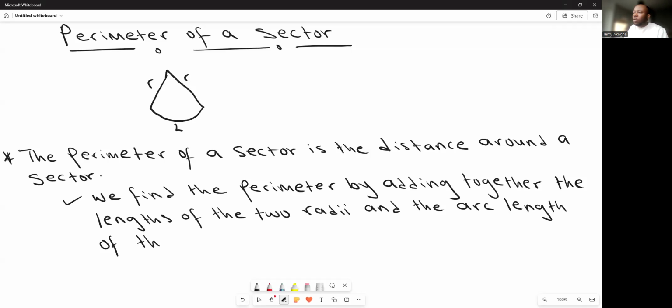To get the perimeter, you need to add the two radii as well as the arc length of the sector.